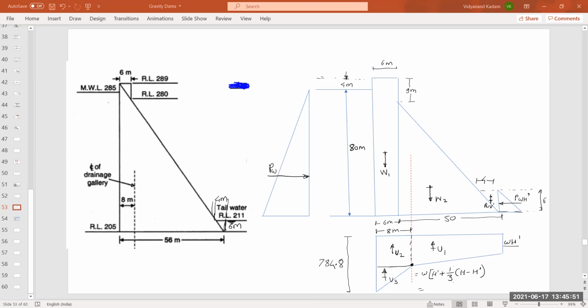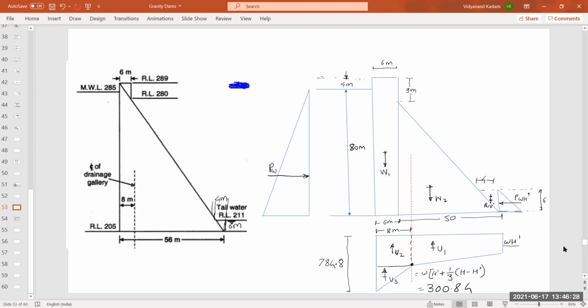Okay, correct. So by putting these values of H, H dash and W, we get this total uplift pressure component at the drainage gallery as 300.84. So this vertical height is 300.84.